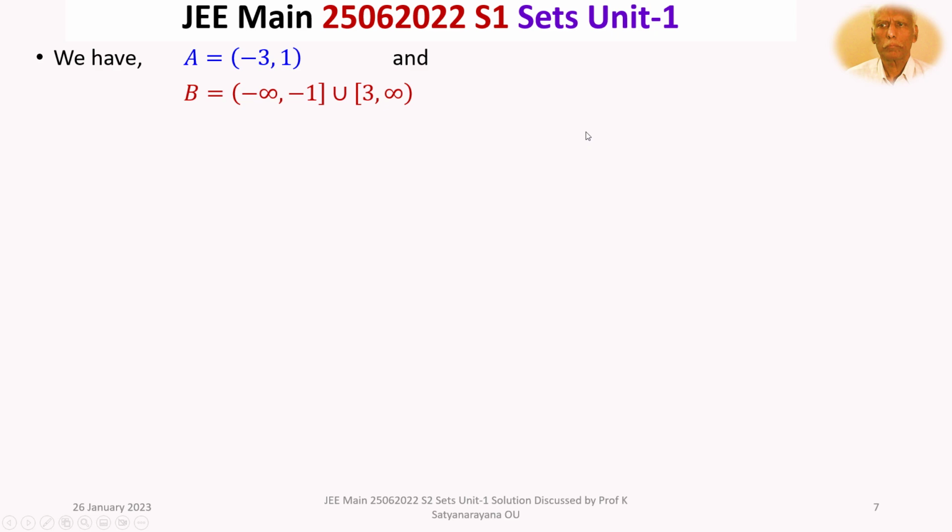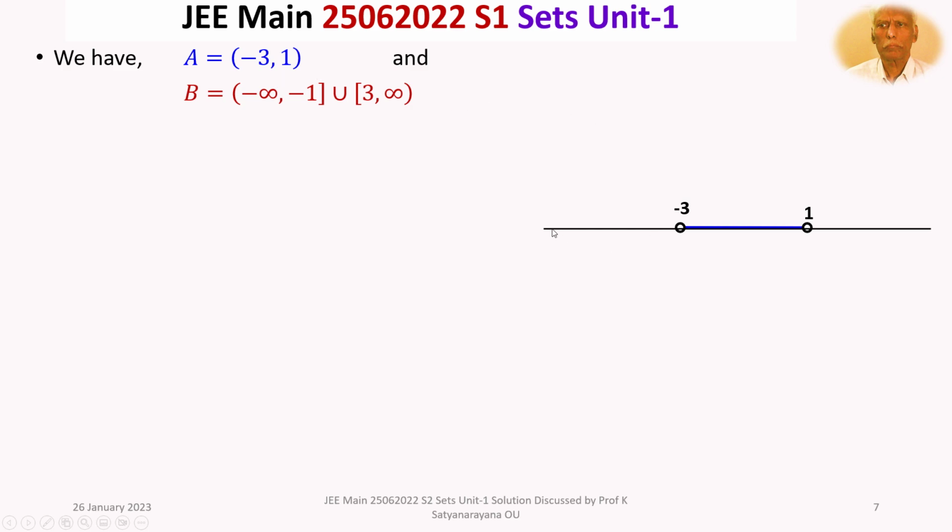So let us take the real number line for this first set A. The whole real number line is represented here. This is minus 3, not included, so open at minus 3. 1 is also open, and in between, the blue one is the open interval minus 3 to 1.